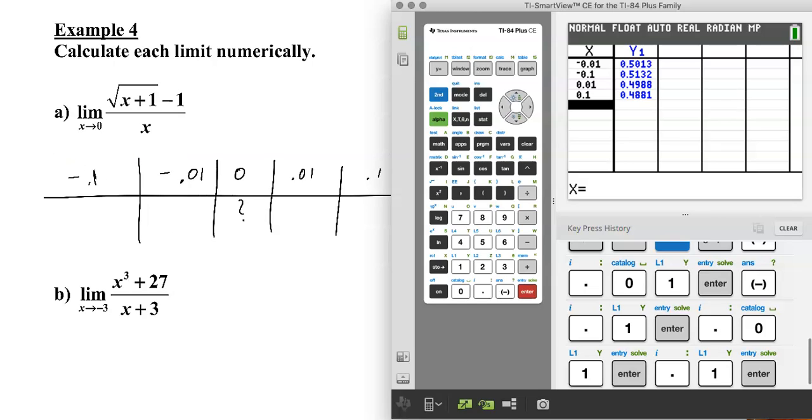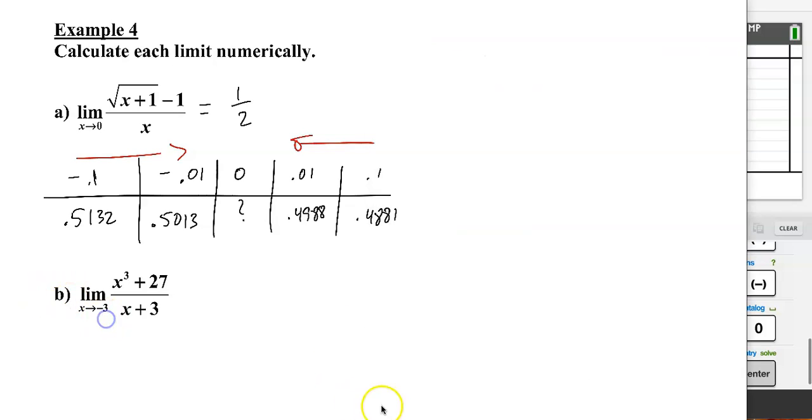Right, so negative 0.1 was .5132, and negative 0.01 was .5013. 0.01 was .4988 and 0.1 was .4881. So it looks like as I get closer to 0, the y values get closer to 1/2. So that is one way that with a calculator you can tell what the values are approaching.